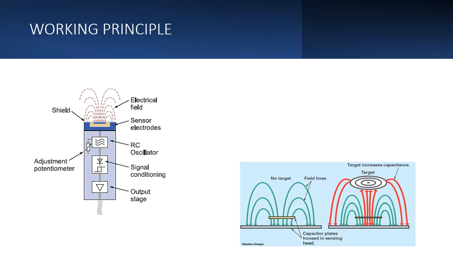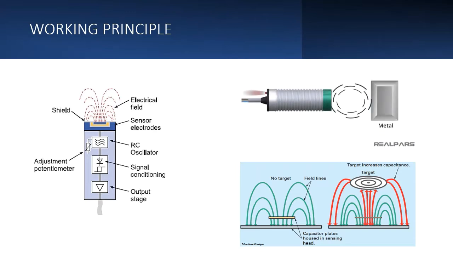Now the question arises whether this capacitive sensor can be used for detecting metals, non-metals, plastics, or any kind of material, because we have seen that in case of inductive sensor we can only detect the conductive materials, right? So the main advantage of capacitive sensor is it can sense any kind of material. You could see here it can sense glass, cloth, metal, plastic, paper.